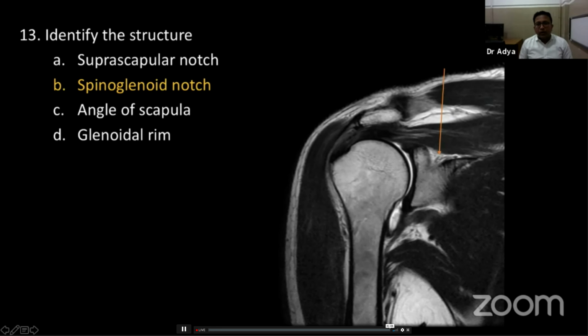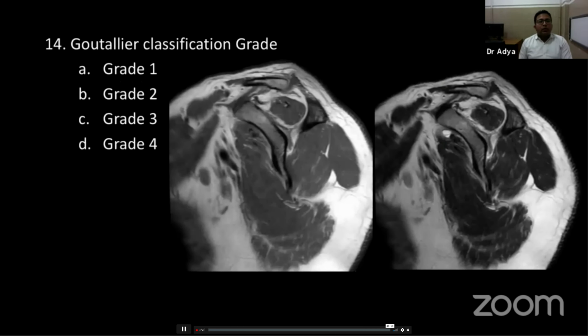Most of them have answered correctly. Answer is B, spinoglenoid notch. Coming to the next question, 14, Goutallier classification grade. A, grade 1, B, grade 2, C, grade 3, D, grade 4.